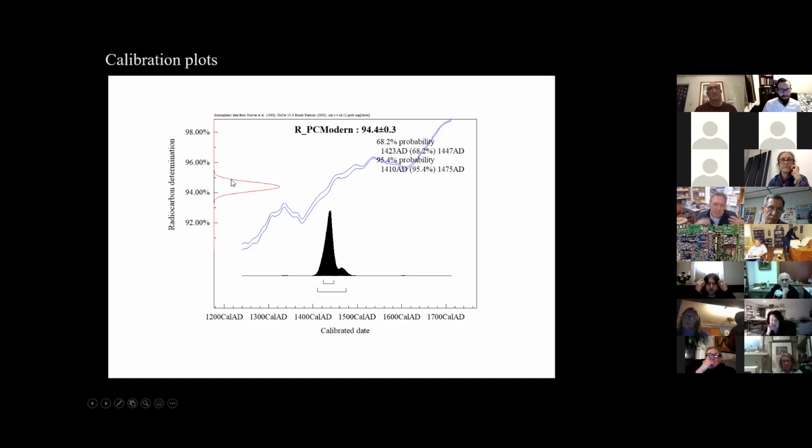And the belief is the more times you measure it, if you average them, the mean value of that average will approach what the real value is. So this is a population of measurements that we made. The mean value represents our measurement here, which is 94.4% modern carbon. But the distribution of measurements on either side of that mean is a reflection of how well the instrument ran.